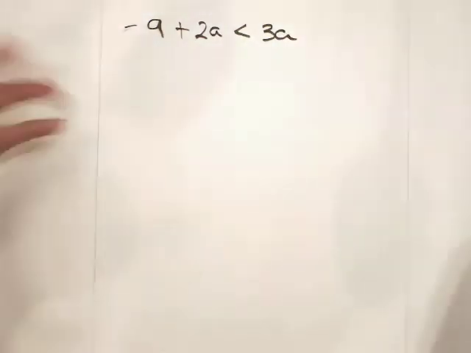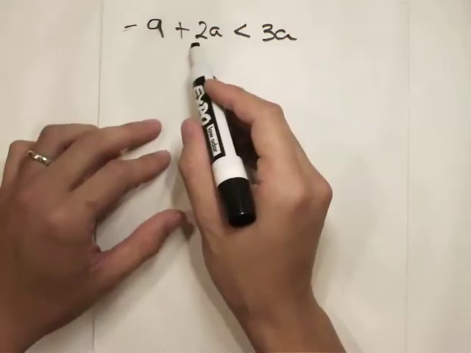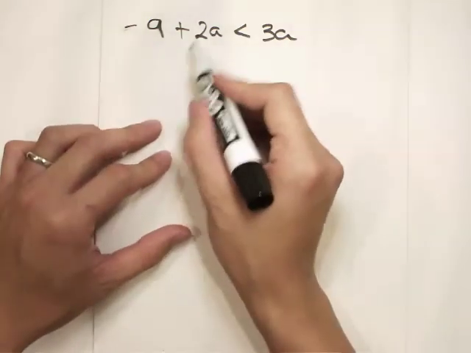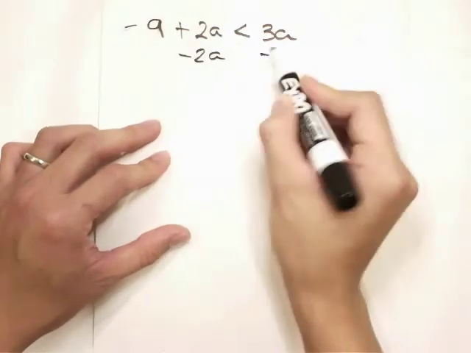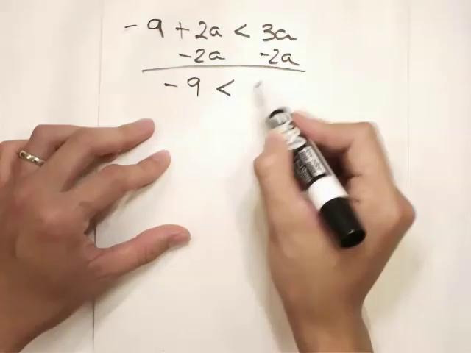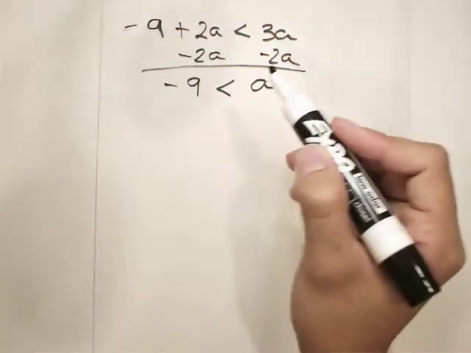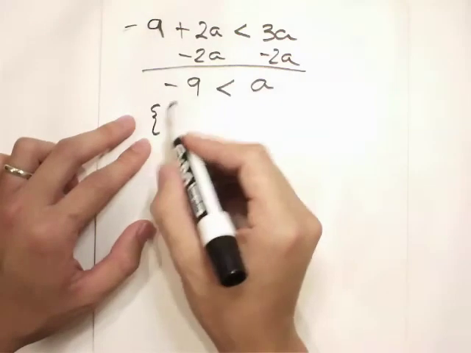So since we have variables on both sides, the rules tells us that we want to have variables on one side. So let's move all the a's to one side, move it by, of course, performing the opposite operation, minus 2a both sides. So we end up with negative 9 less than a. Now, let's write that as a solution set. Here's a brace.